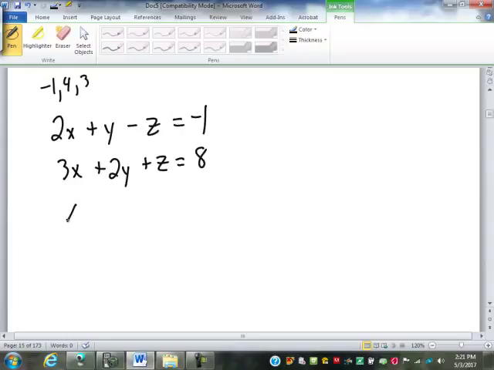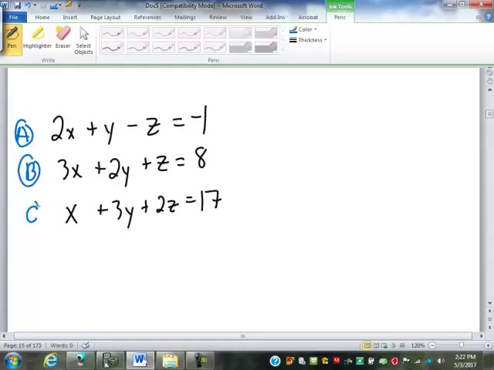And let's do x plus 3y plus 2z is 17. So now again, I'm going to label this system of equations A, B, and C.